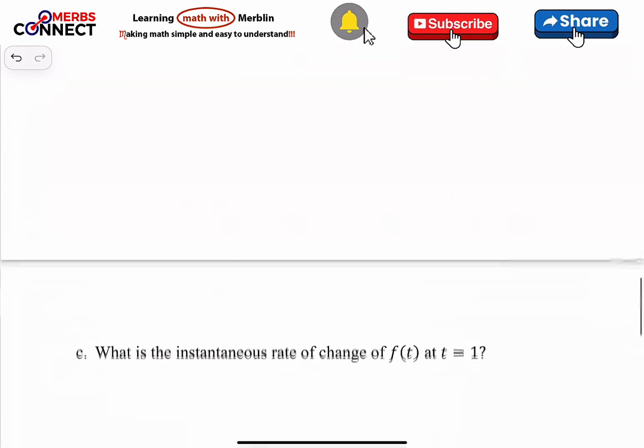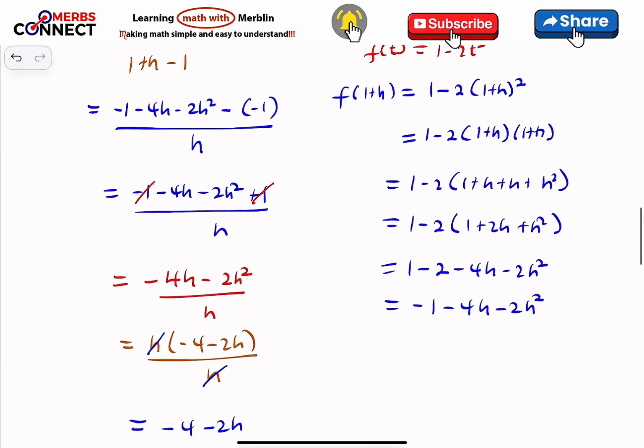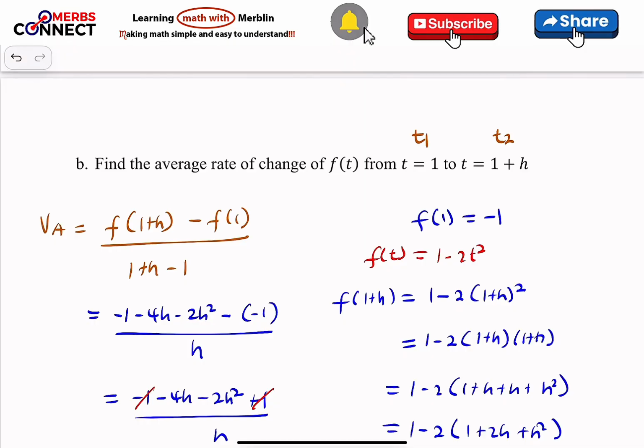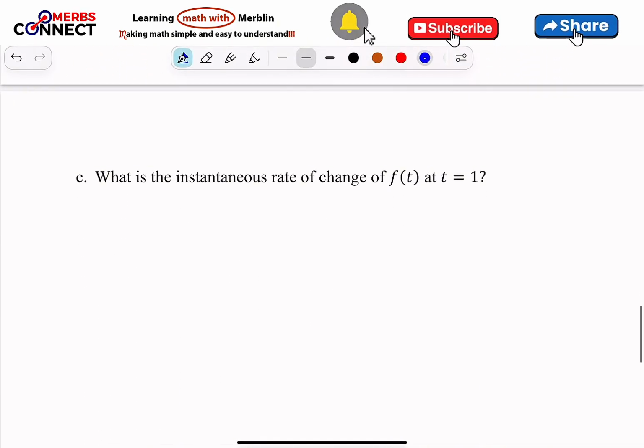But if we want t to be equal to 1, then what should we do to h? It means that h must be 0, or h must approach 0, so that this becomes 1. So that's basically what the question is asking us from question C.